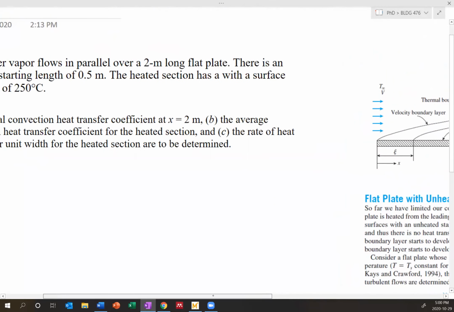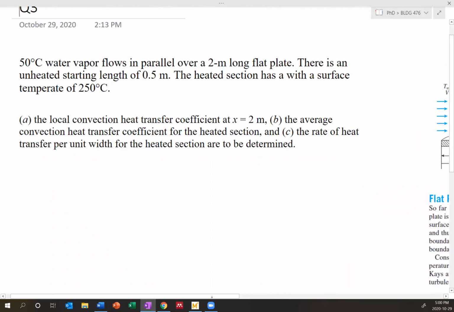So we have another long flat plate. We have 50 Celsius water vapor that flows in parallel over a 2 meter long flat plate. There's an unheated starting length of 0.5 meters, and there's a heated section with a surface temperature of 250.